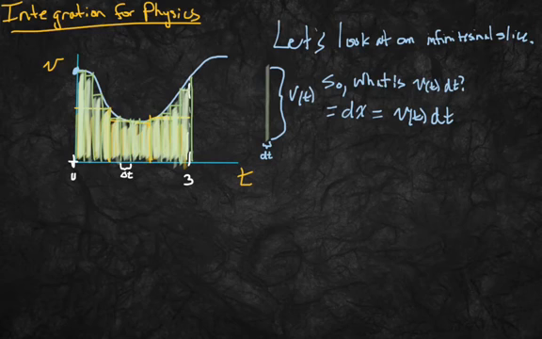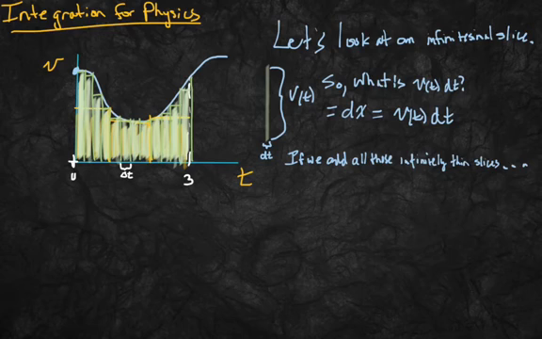Now just off to the side, this should make some sense to you guys because velocity v of t, if you manipulate this a little bit, equals dx/dt, right? And so if you divide both sides by dt, you get v_x equals dx/dt. Okay, so that should make some conceptual sense for you guys there.